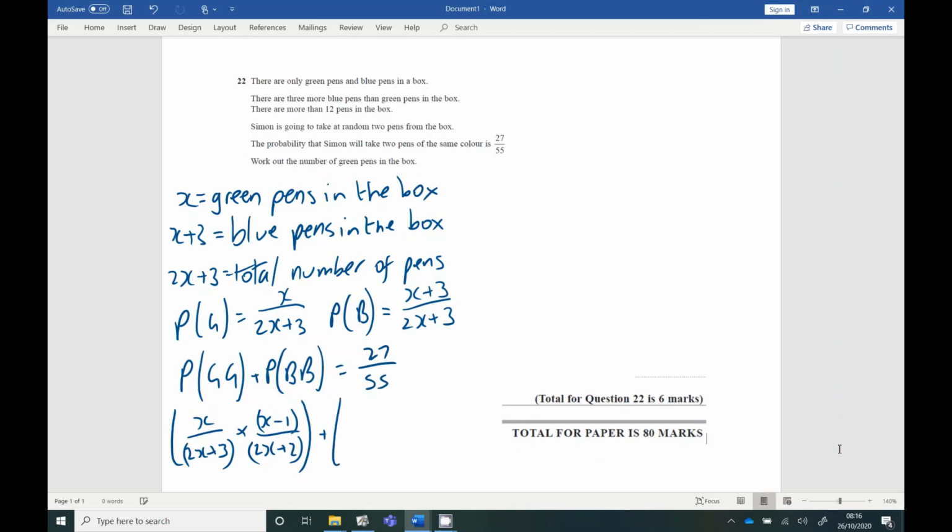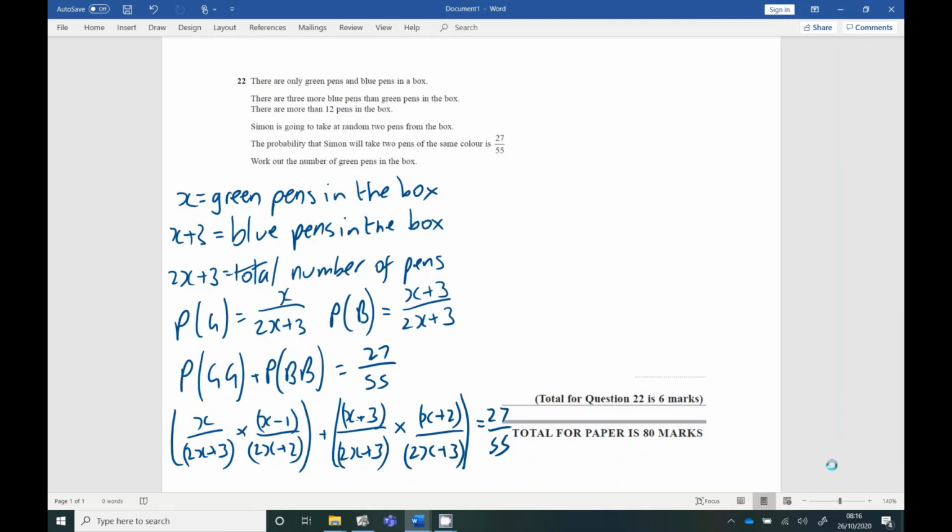Now the probability of a blue with your first pick is x plus 3 over 2x plus 3. And what about a probability of a blue with your second pick? Well, again, numerator and denominator have to go down by 1. And what we know is that that is 27 over 55. Now we're just going to have to number crunch this, okay? We've got the common denominator of 2x plus 3, 2x plus 2.